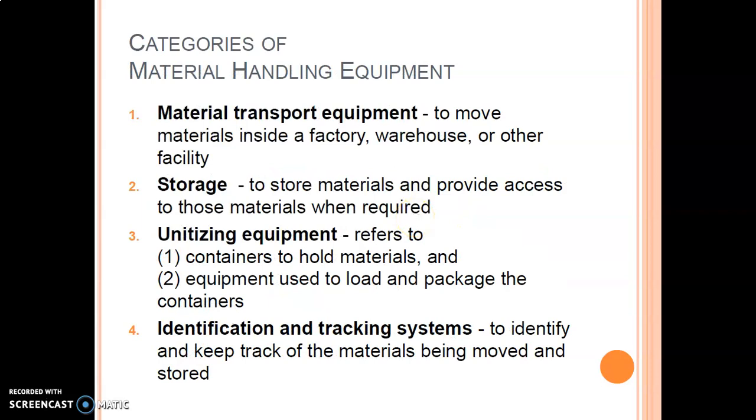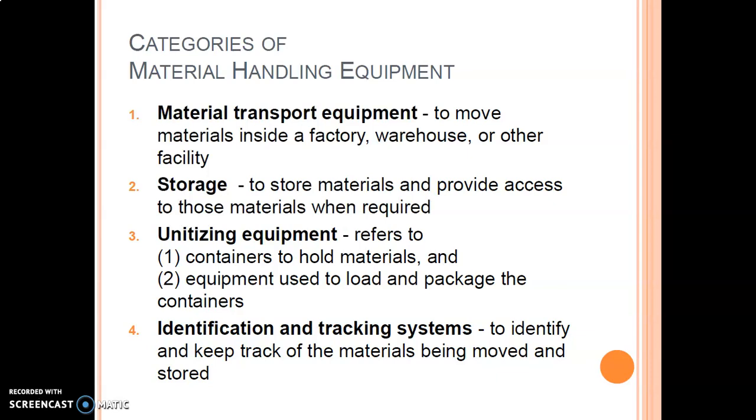Categories of material handling equipment: the material transport equipment, to move material inside a factory, warehouse, or other facility. Storage, to store material and provide access to that material when required. Then identification and tracking, unitization.